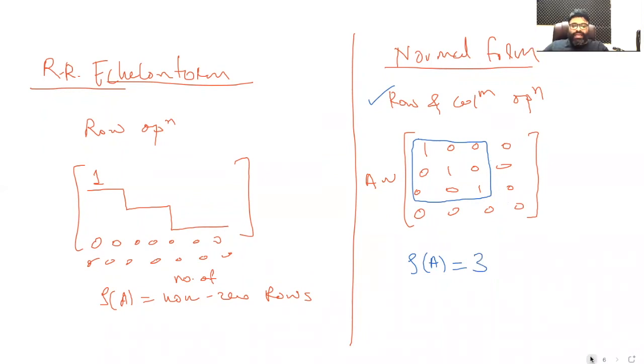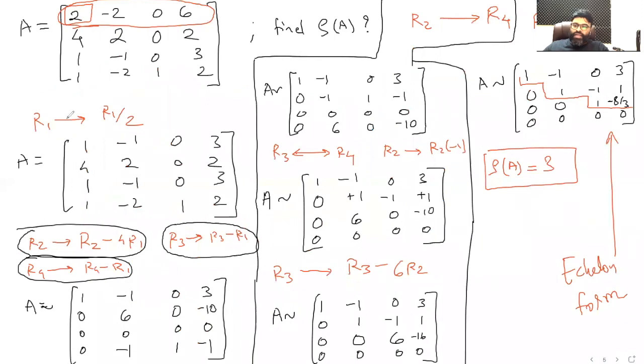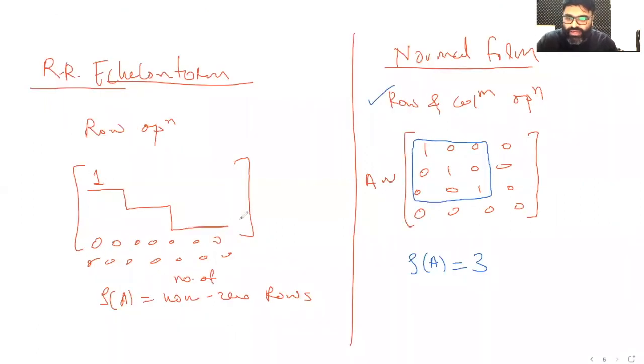And there could be a slightly different method. Like over here, instead of dividing R1 by 2, I could have exchanged R1 and R2. That is also a correct step. So don't be afraid to do any steps. See, the approach is very simple. Every time we are solving a problem, we are trying to do this. Just keep that in mind. You want 1, everything below that 0.